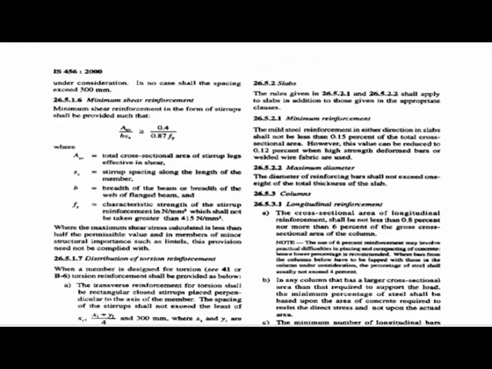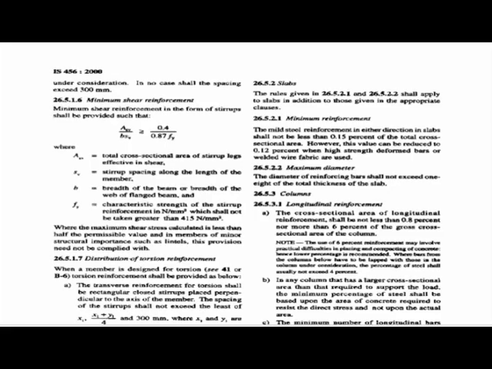Similarly, there are certain other things, just to give you an idea, about reinforcement. You can find these under these clauses. Longitudinal reinforcement in column is minimum 0.8% of gross cross-sectional area and maximum 6%.